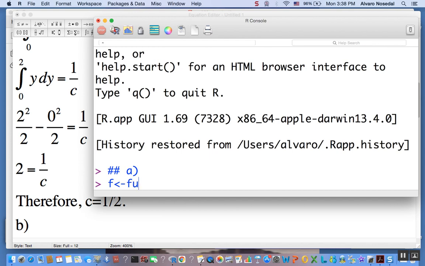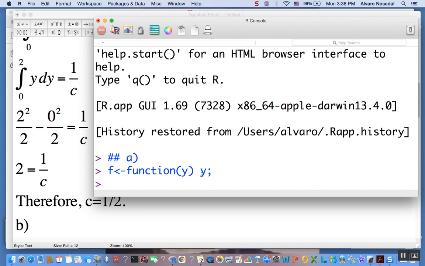I'm going to define a function, and I'm going to save that object as f. The function f that I'm defining has as a variable y, and the expression is just y, because I want the integral of y.